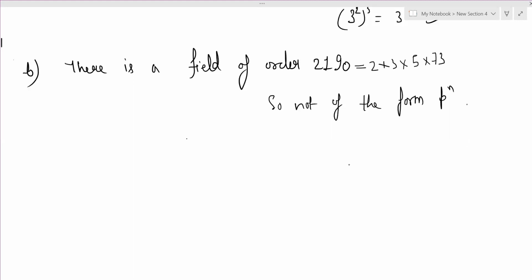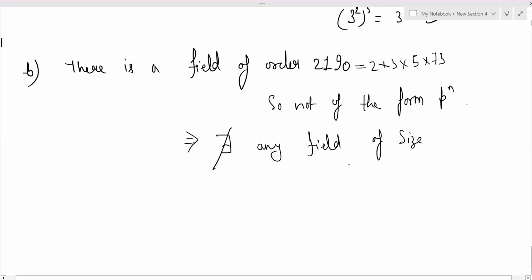So this means there does not exist any field. Sir, if 2 and 3 are in the product, can we directly say there won't be any? Yes. If there is any finite field, then its size must be p to the power n for some prime p and natural number n.